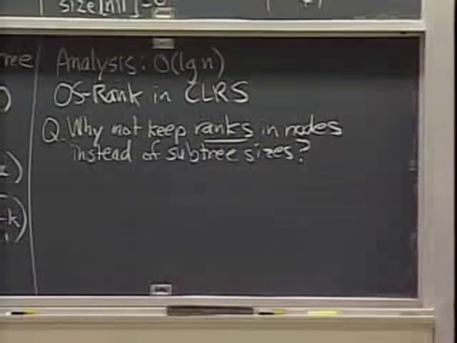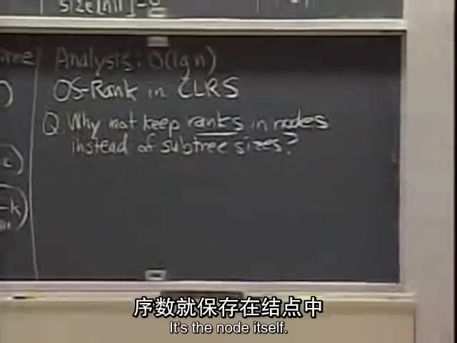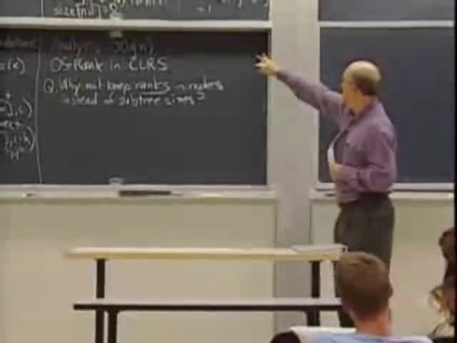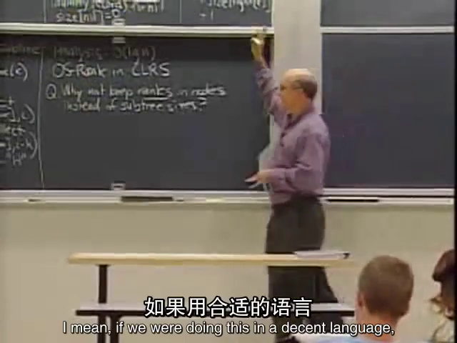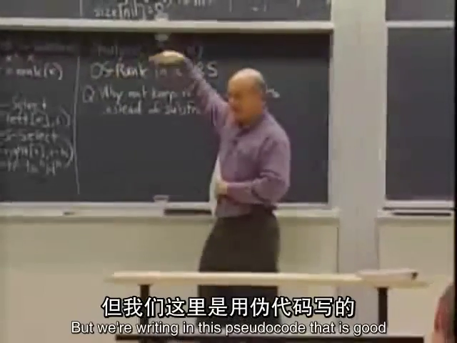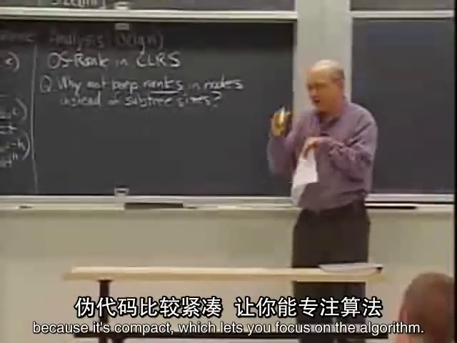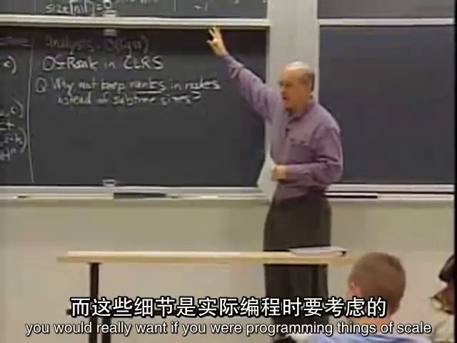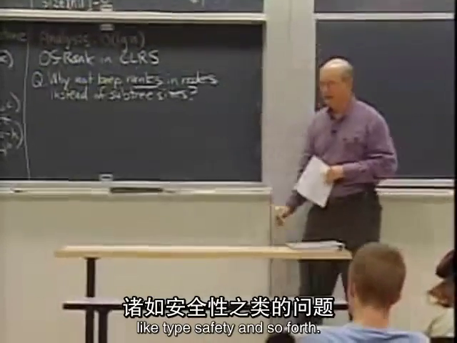For OS-RANK, is the argument x a key or the actual node itself? It's the node itself, because otherwise you can't take left of it. If we were doing this in a decent, strongly typed language, there'd be no confusion. But we're writing in this pseudocode that is good because it's compact, which lets you focus on the algorithm. But of course, it doesn't have a lot of the things you'd really want if you're programming things of scale, like type safety and so forth.